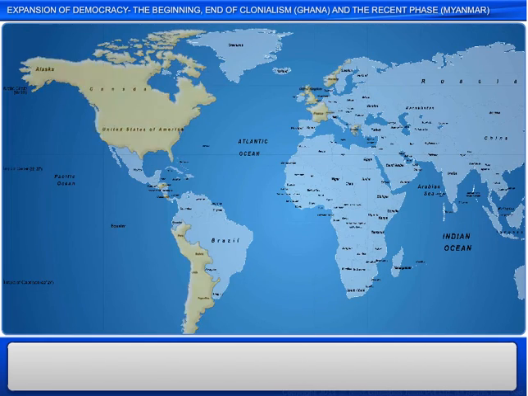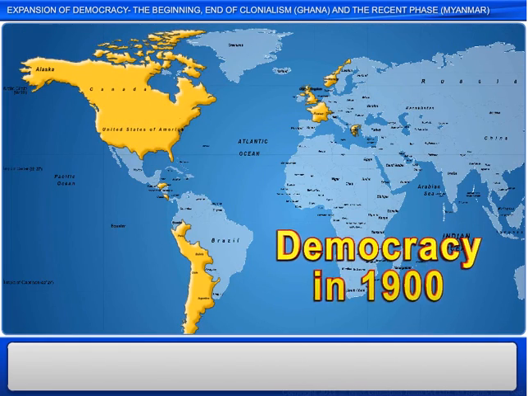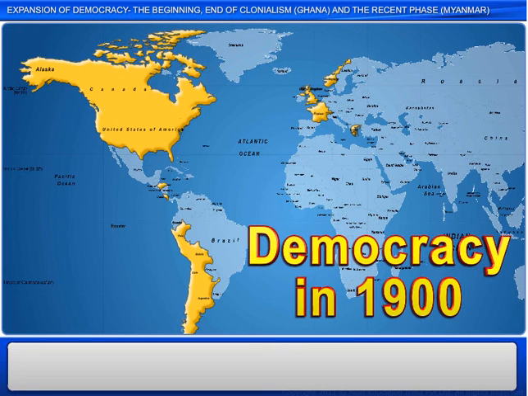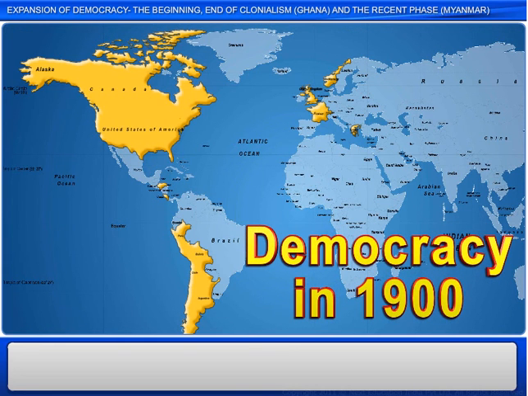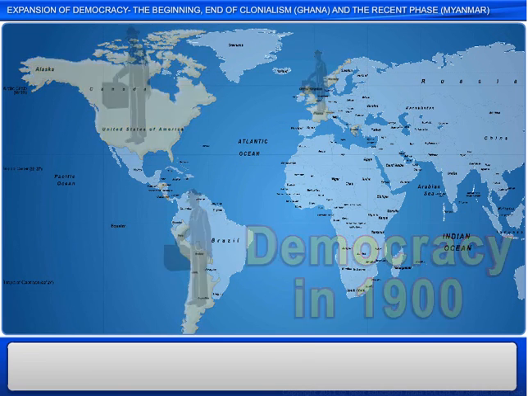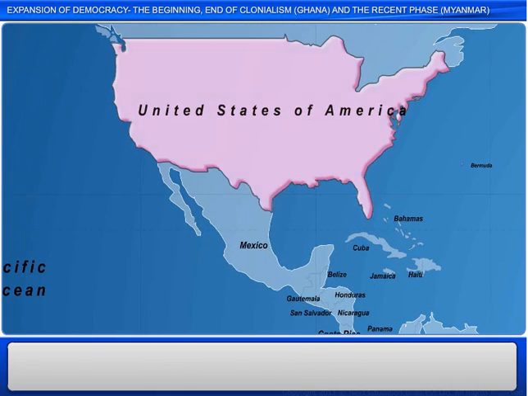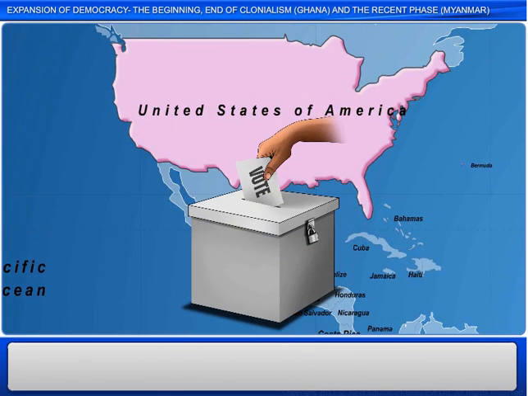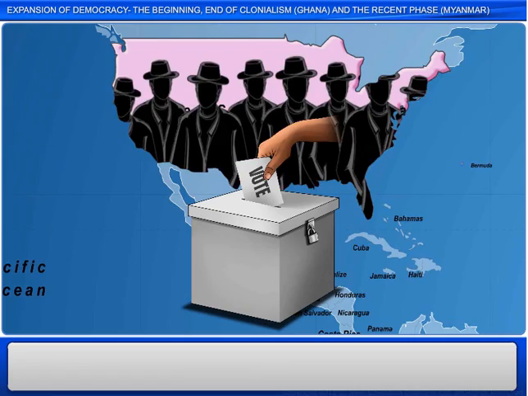You may recall that many countries became democracies by the year 1900. These countries were indeed democracies, but the governments were elected mostly by men. And in the case of the United States, mostly white men.